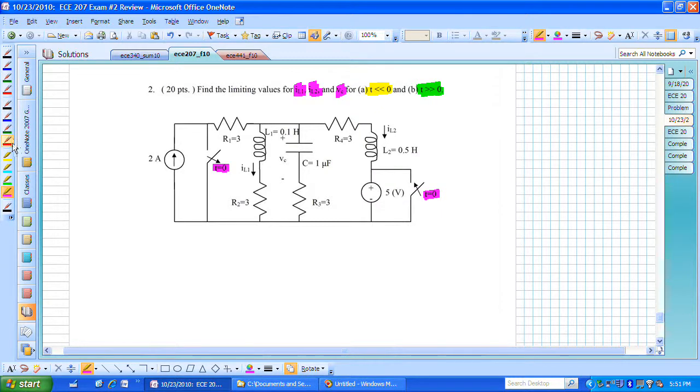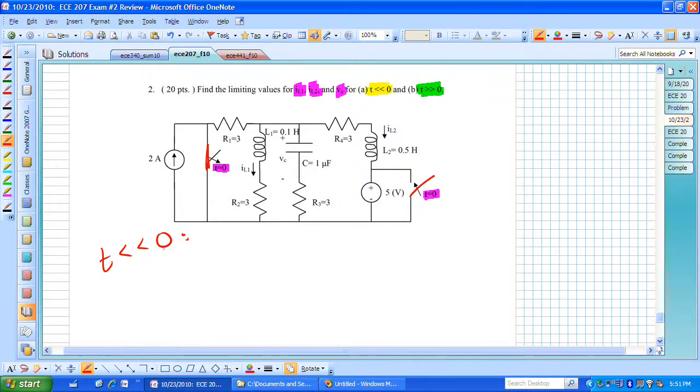If we look at this particular circuit, this switch is initially closed for t much less than 0, and this switch is opened before t equals 0.